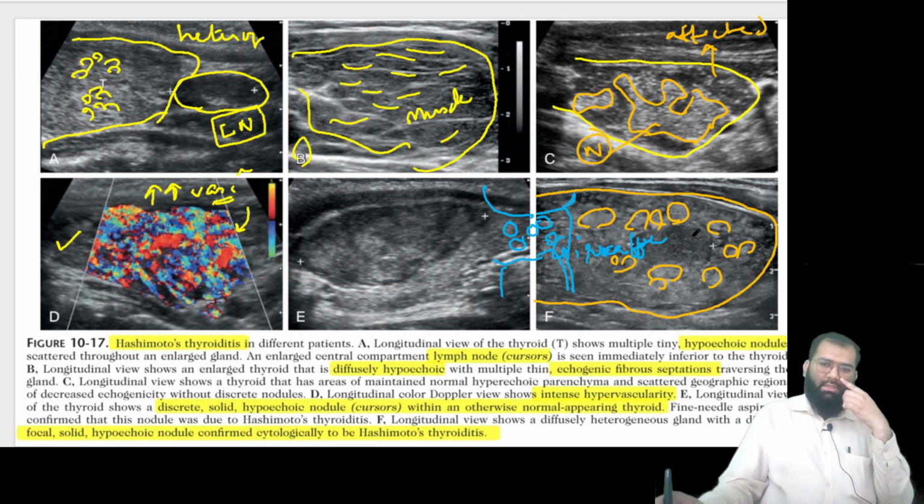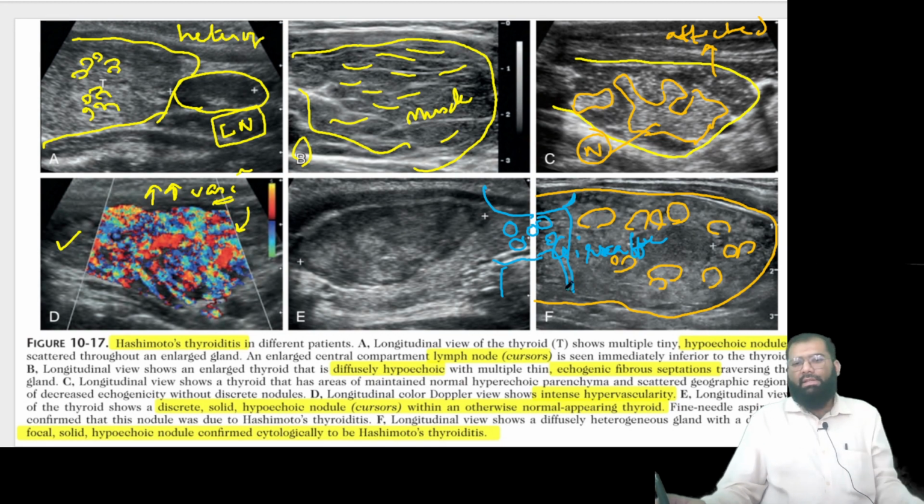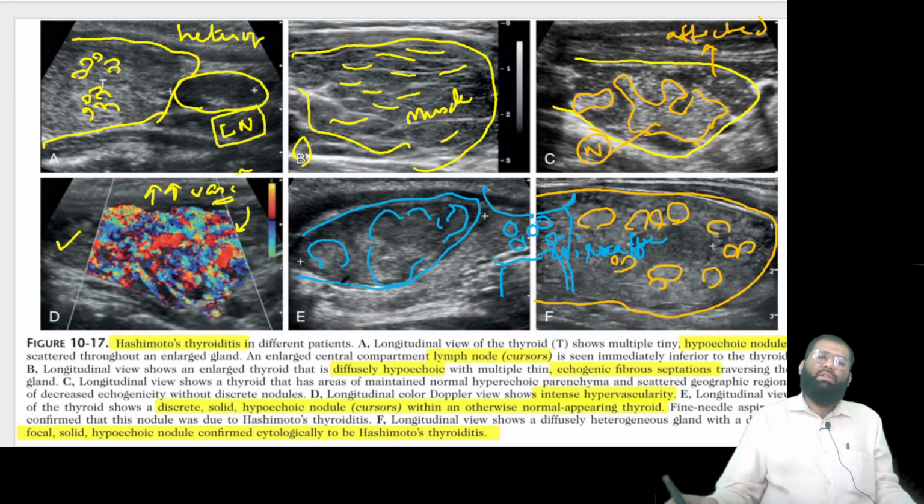So these spots inside the thyroid gland look like those of a giraffe, and hence this is called the giraffe pattern. Again, this is a beautiful example of a thyroid gland, and you can see those normal areas within the abnormally hypoechoic gland. So this is again the giraffe pattern, which is very classically seen in case of Hashimoto's disease. Okay. So this was about Hashimoto.